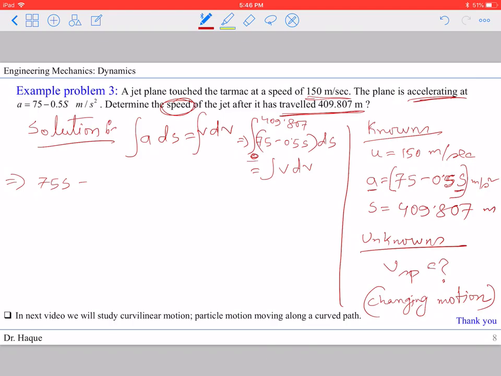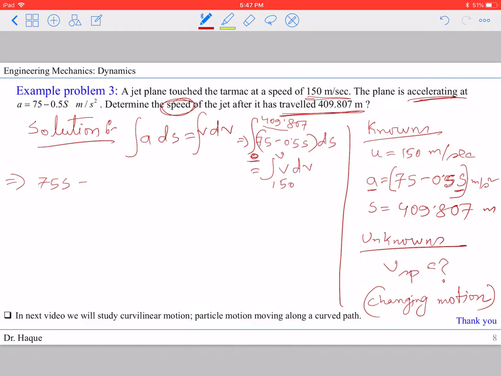So that's the origin, and it travels this distance. This is the final position, and the initial velocity at touchdown is 150, and we want to know what the final velocity is, which we don't know.